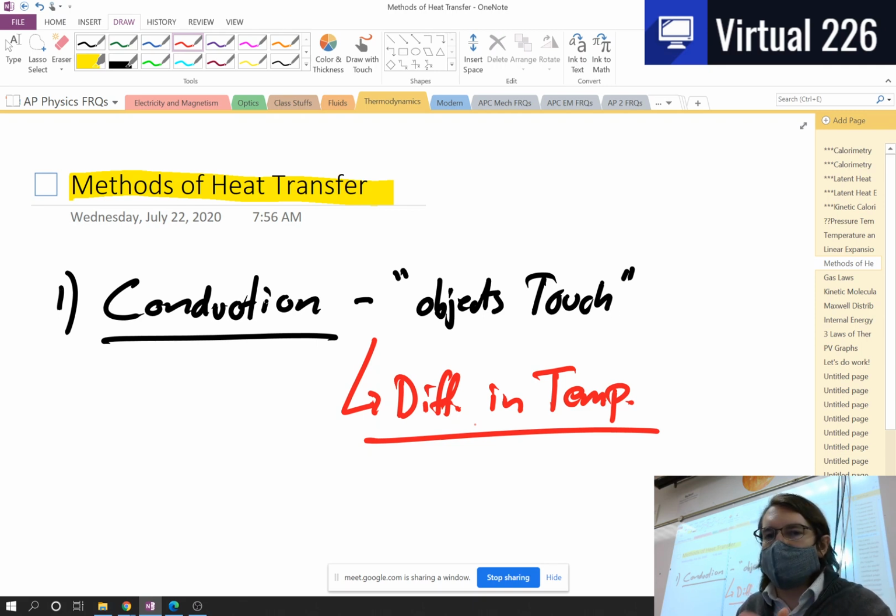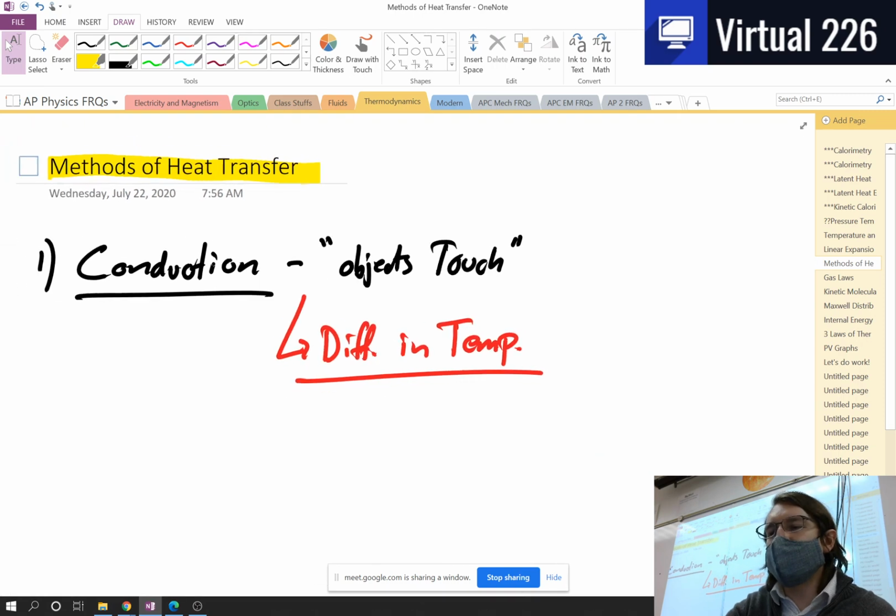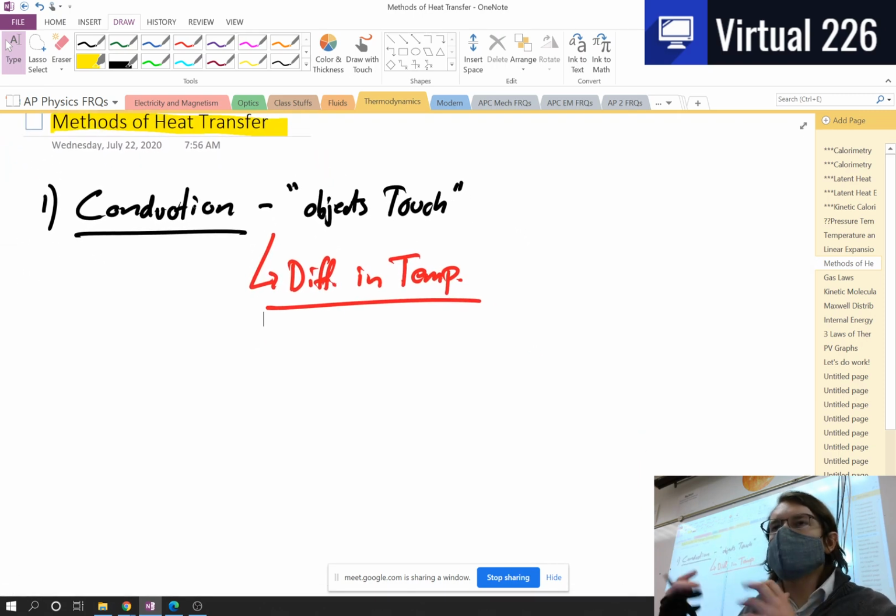The objects are just internally moving the exact same. So who cares? You don't have conduction. It's a difference in temperature that allows this to happen, because the fast-moving object, the high temperature, high average kinetic energy, can bump into the slow-moving object and speed it up.